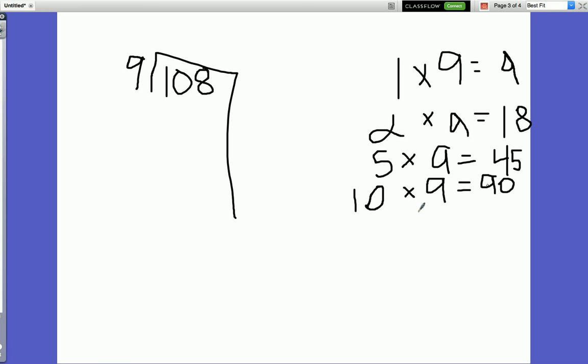And my next one would be 20 nines, and that's going to be 180, which is more than my dividend, so I do not need to do the 20.